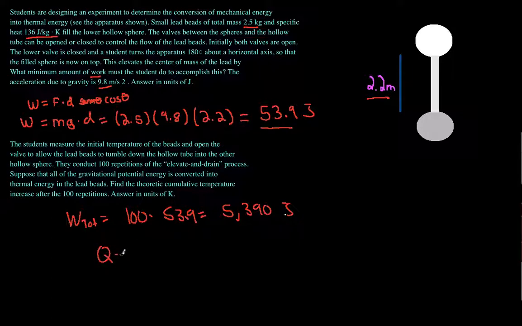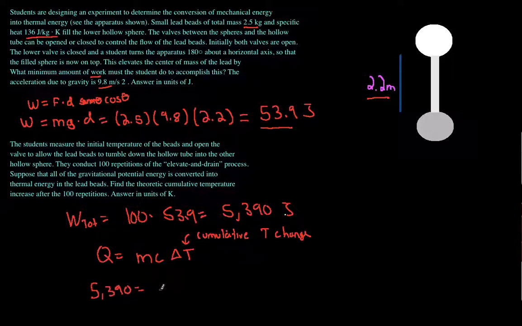So what we can use is the equation Q equals m c delta T. This delta T term is going to represent our cumulative temperature change. Again, we're just going to put in these values. Q is brought down from the top.